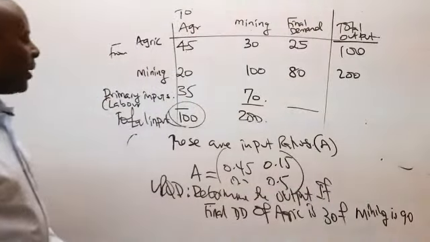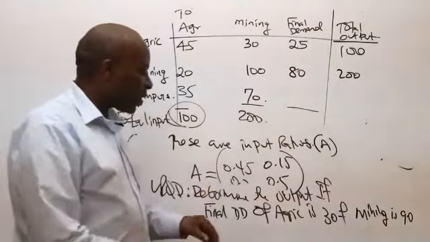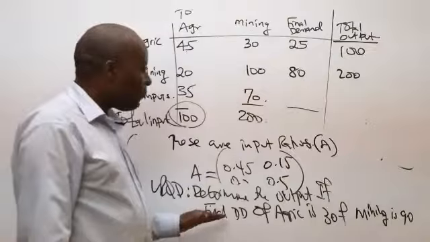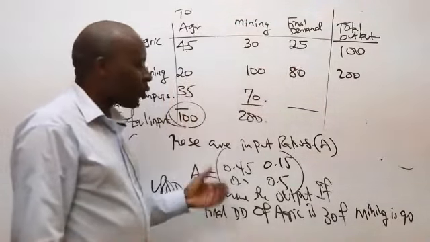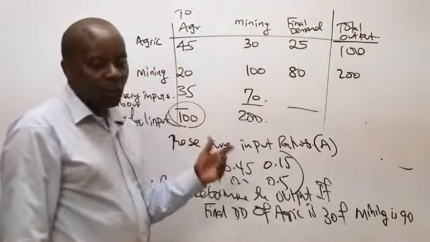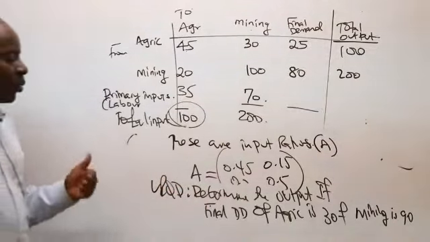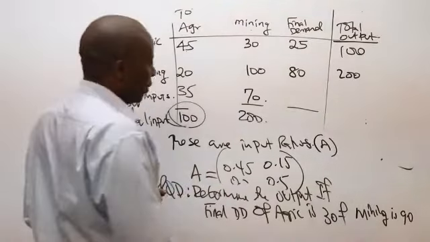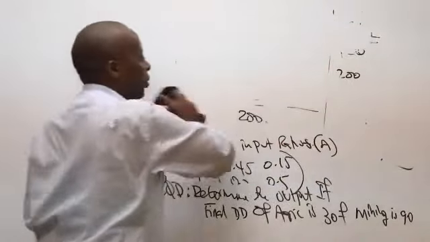So, ladies and gentlemen, remember, you'll get a situation in another requirement where the examiner tells you to determine the output if this final demand changes, say to 30 and 90 for agriculture and mining respectively. Then what shall you do? That is very easy. This table now is useless.